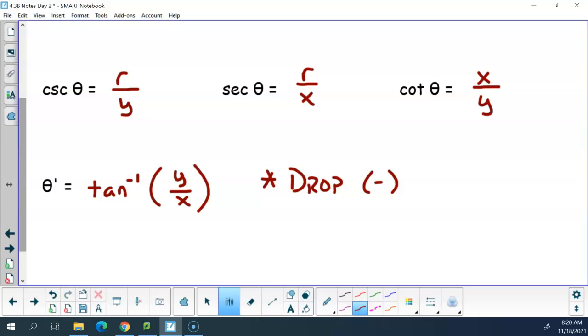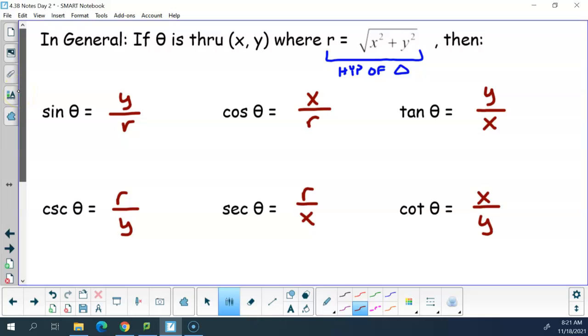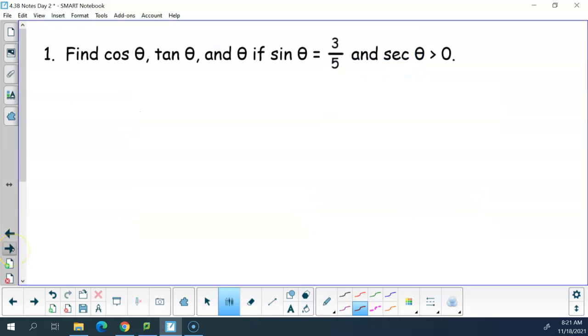Like if you were given the sine, you could use the inverse sine. This is more for when you're given the actual point, so you don't have to do any of that extra figuring stuff. This is why we have it set up with tangent. But no, you don't have to.